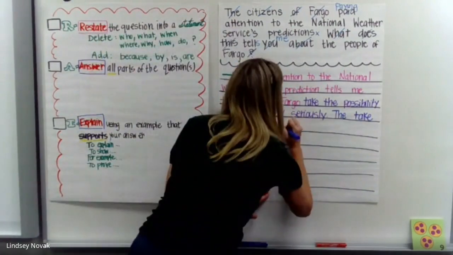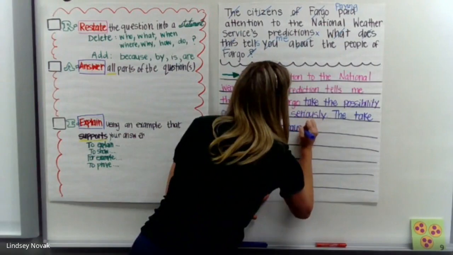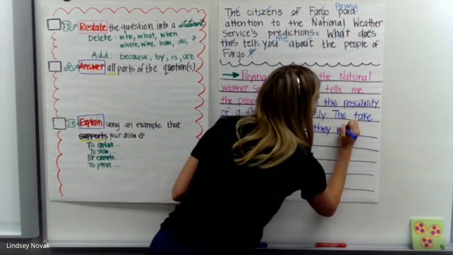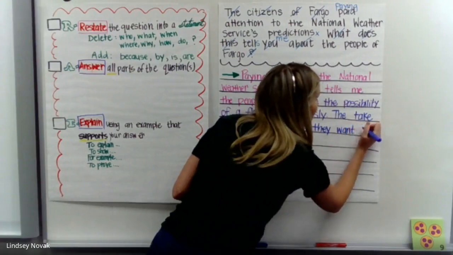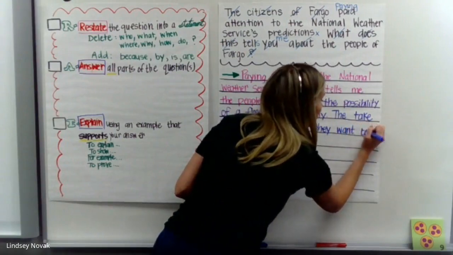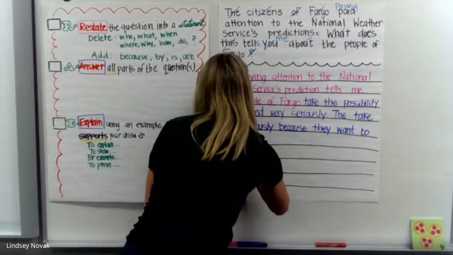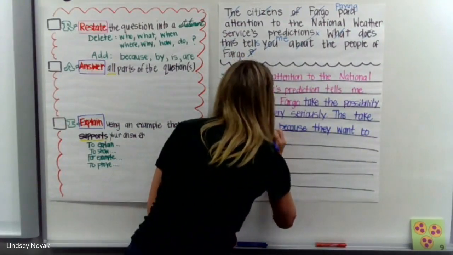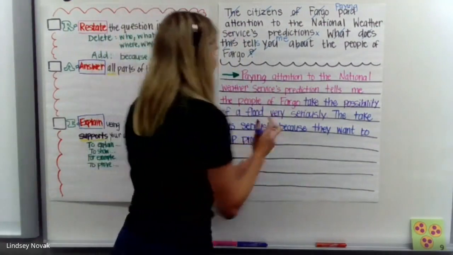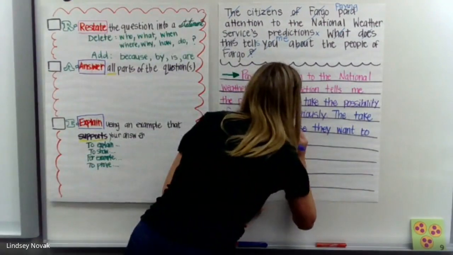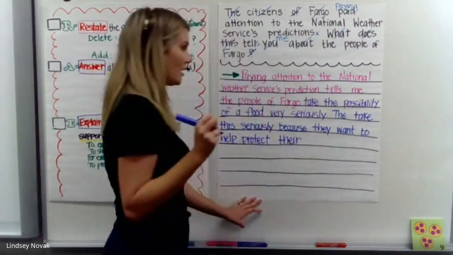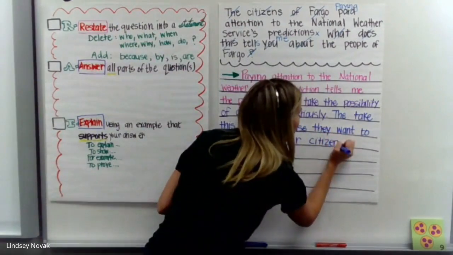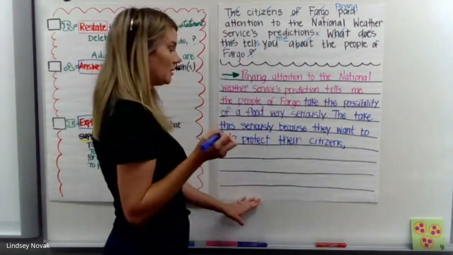because they want to help protect. It's my key verb here. Protect their citizens. So that's the people, comma. I'm going to make a list here.